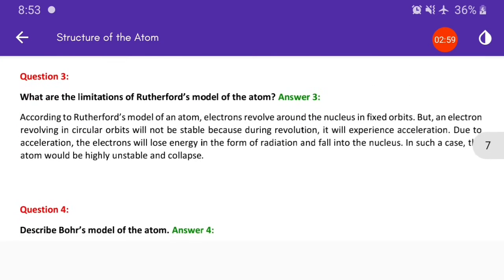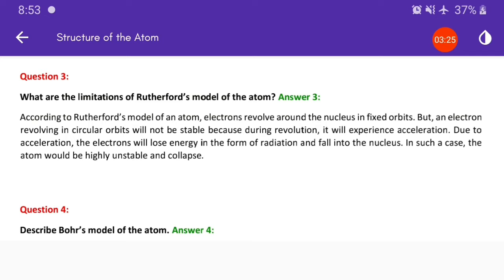Question number 3, what are the limitations of Rutherford's model of the atom? According to the Rutherford model, electrons revolve around the nucleus in fixed orbits, but an electron revolving in circular orbits will not be stable because during revolution it will experience acceleration.